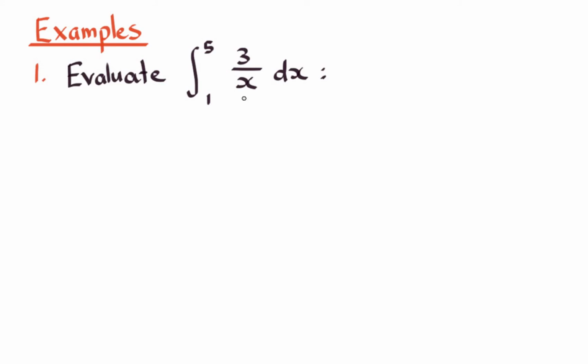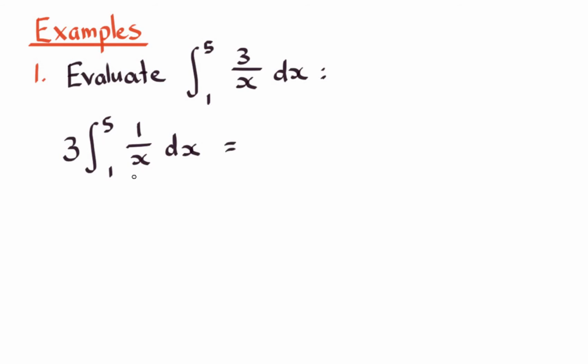Notice that this doesn't quite match up with the 1 on x that we were talking about before. It's very close. It's just 3 lots of 1 on x. So what we might do is bring that constant 3 out the front of our integral, and then we are left with 1 on x after the integral sign.